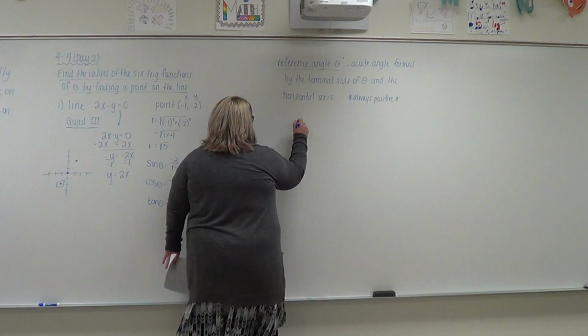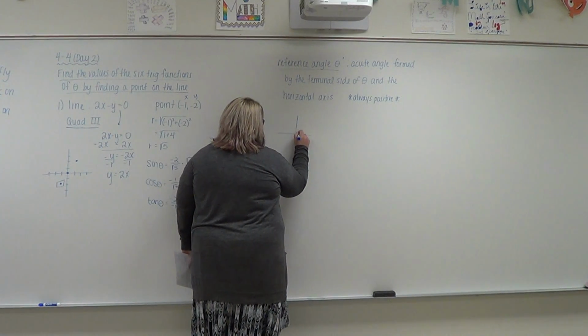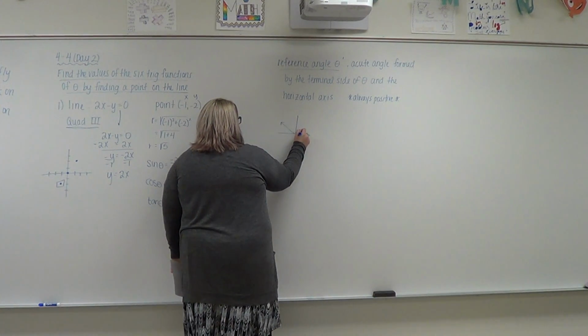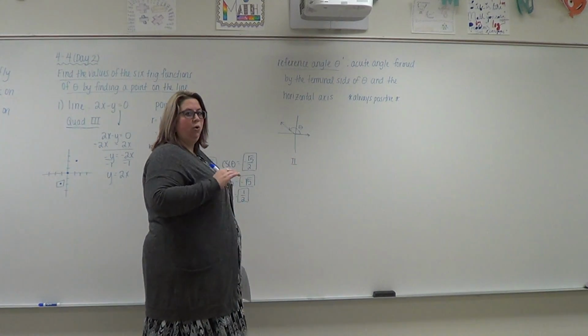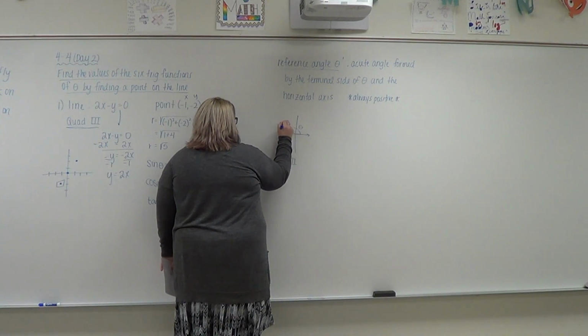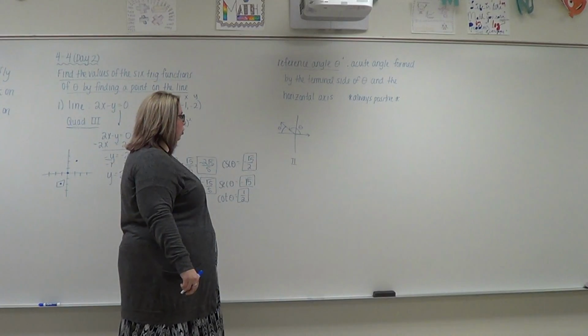So if it's in quadrant 2, this will be a quadrant 2, so let's say this is our angle. So our angle is here. The reference angle is from the horizontal axis to that. This is your reference angle. Okay, and your reference angle is always positive.